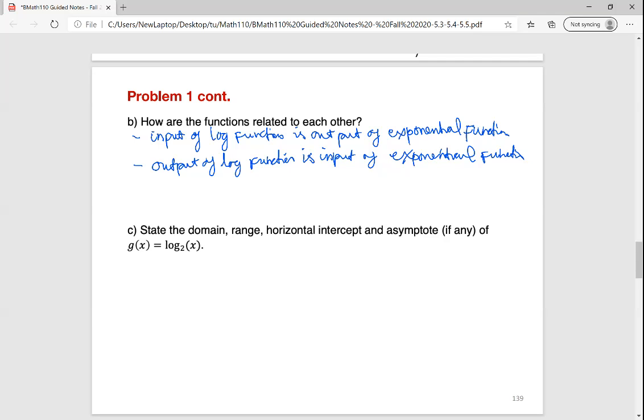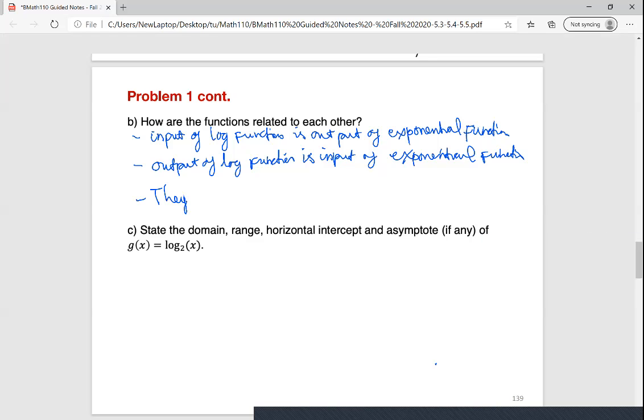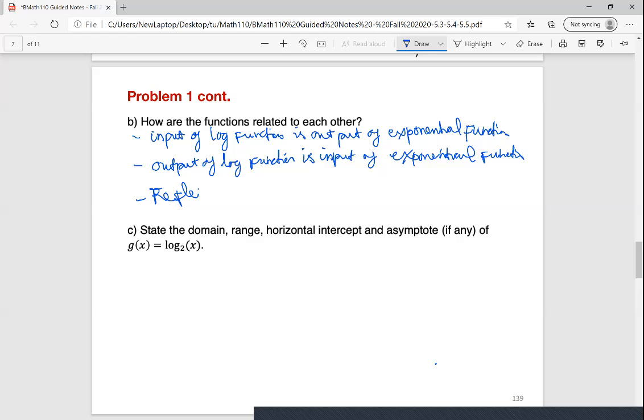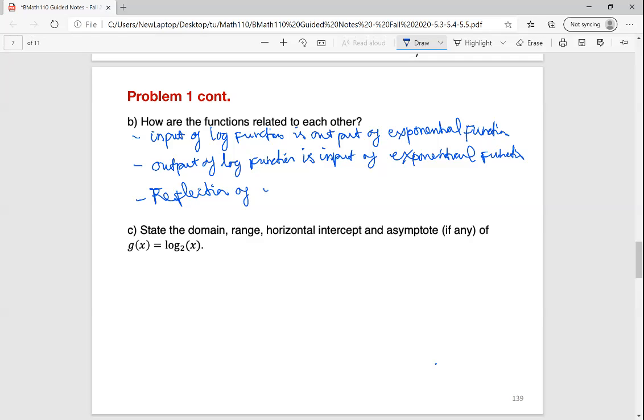I'm going to say they are reflections. How can I say? I'm going to say reflection of each other. Reflection of each other.